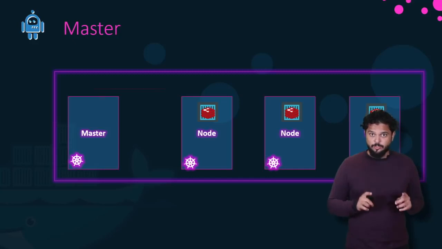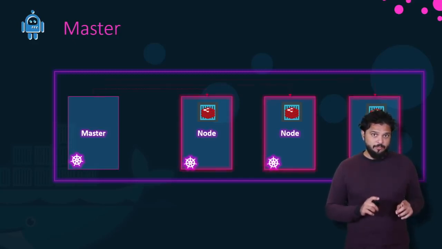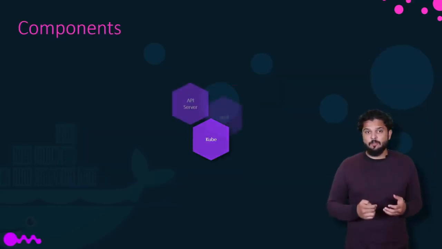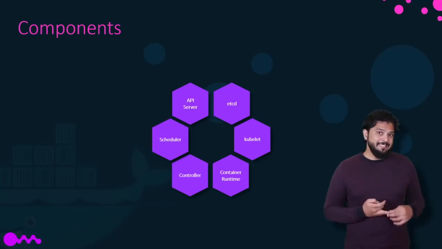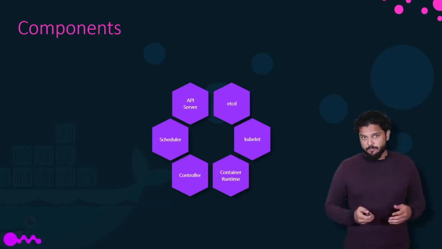The master watches over the nodes in the cluster and is responsible for the actual orchestration of containers on the worker nodes. When you install Kubernetes on a system, you're actually installing the following components: an API server, an etcd server, a kubelet service, a container runtime engine like Docker, and a bunch of controllers and a scheduler.